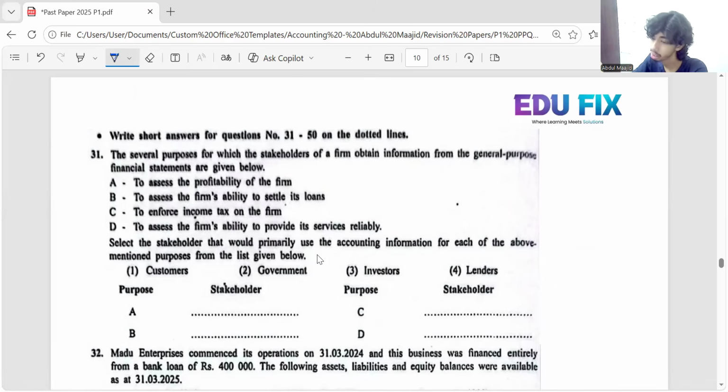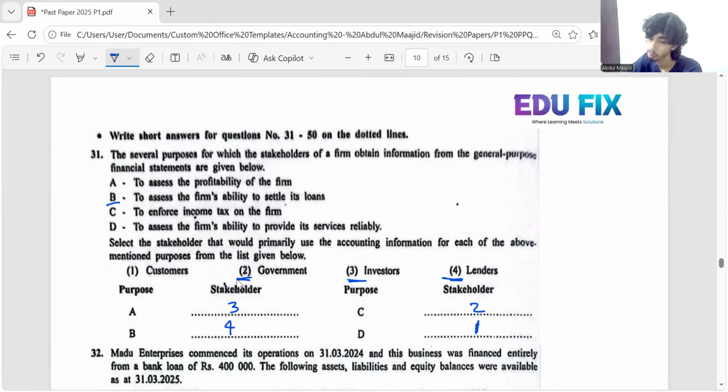Who wants to know the profitability of the firm? That's the investor. B, to assess the firm's ability to settle loans. That is the lender. Lender wants to know if the loans he gave can be recovered back. C, to enforce income tax on the firm, that is government. D, to assess the firm's ability to provide the service reliably, customer.